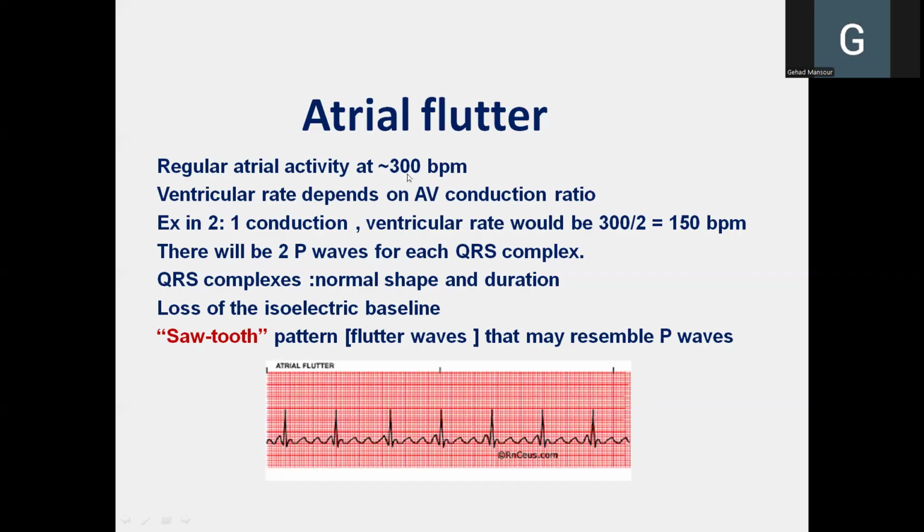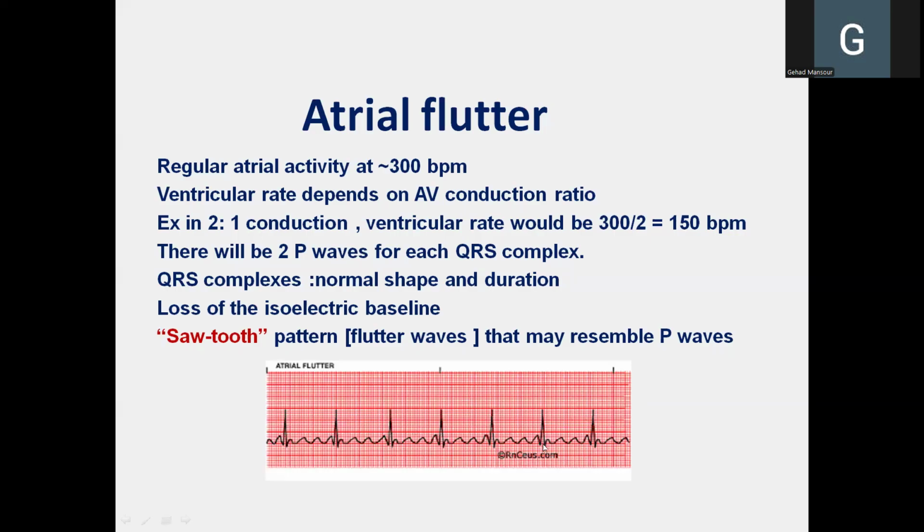This means what? That out of every 2 waves of depolarization that spread over the atrial muscles, only 1 wave reaches the ventricles, and this means that we have a 2-to-1 AV conduction ratio. Due to what? Due to the AV conduction delay.